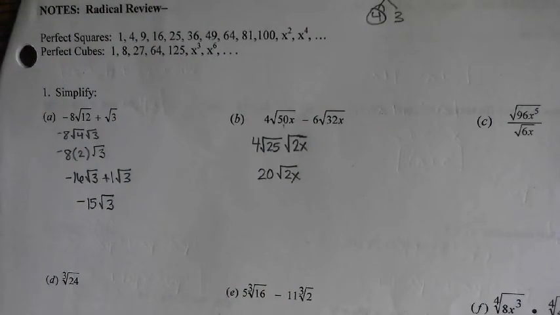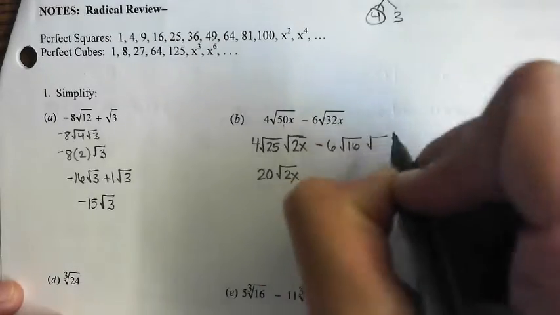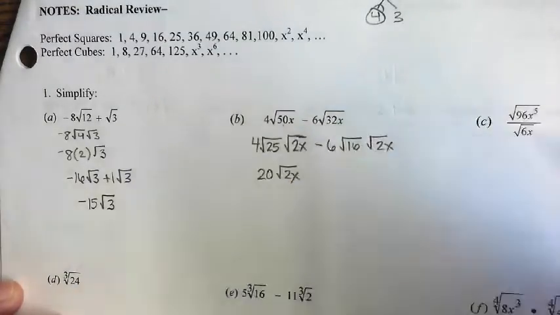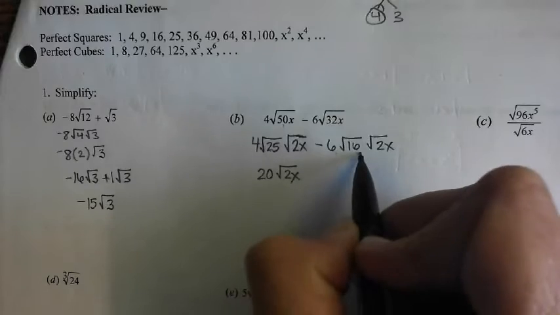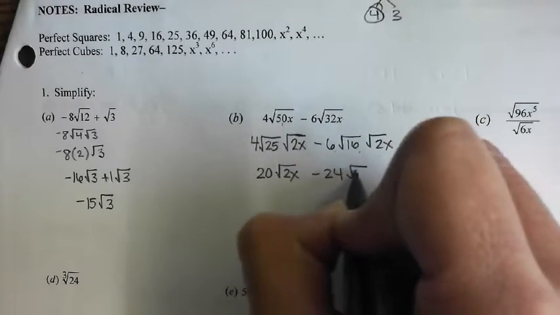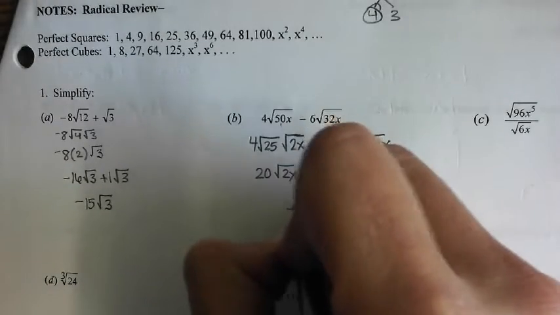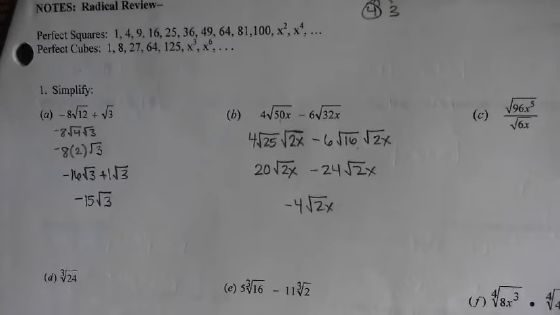And then how about 32? 16. Right, root 16 times 2x again. And then that's 6 times 4. So minus 24 root 2x. And then 20 minus 24 is negative 4 root 2x. So it's kind of like combining like terms, just combining like radicals.